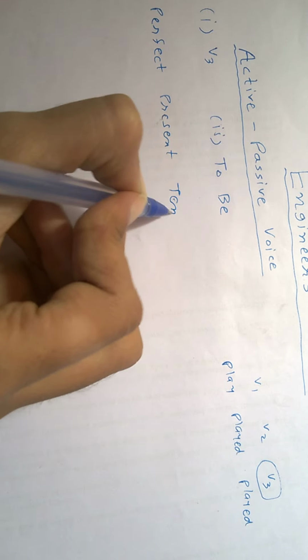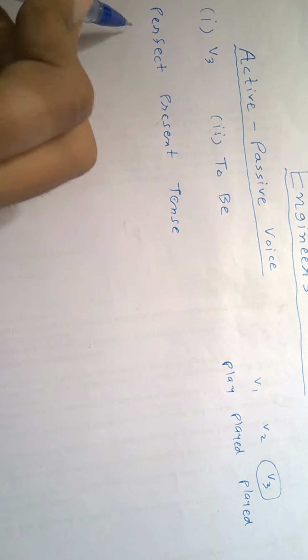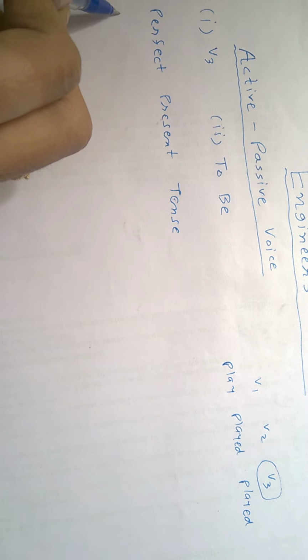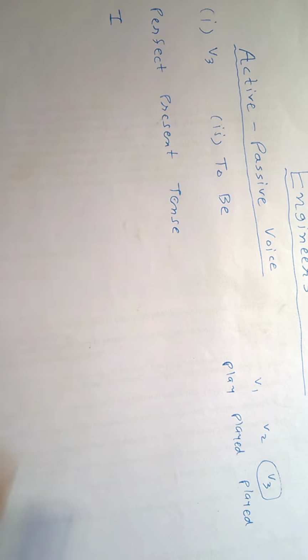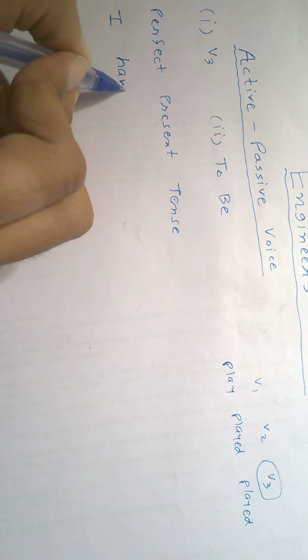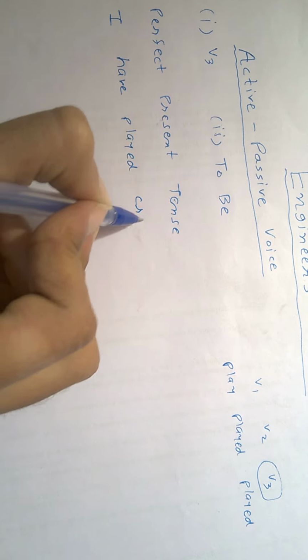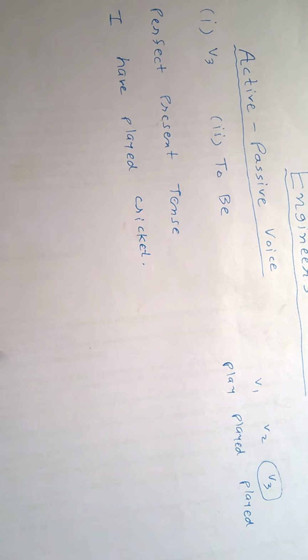So here we will see the example for present perfect tense. Here we will take an example, I have played cricket.